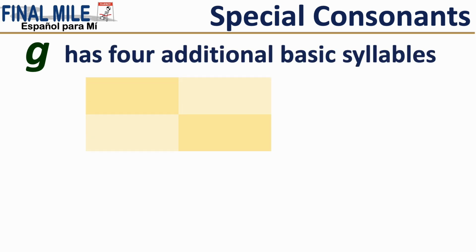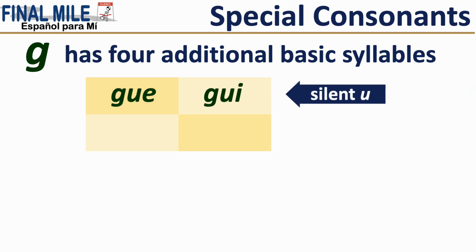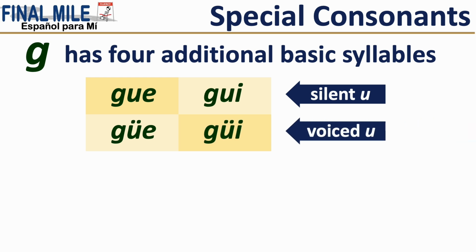Okay, so what do we remember about the G? It is one of two variable consonants. Okay, the C and the G are variable in Spanish. So because of that, it has 4 additional basic syllables. Okay, so remember, ga, ge, gi, go, gu was the combination of the G and each of the vowels. But now we have these 4 additional syllables.